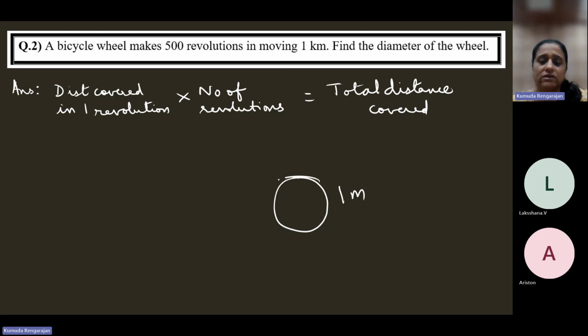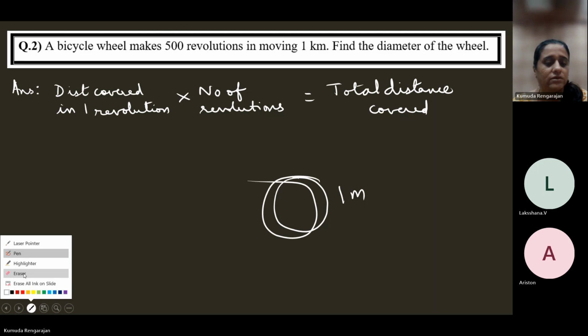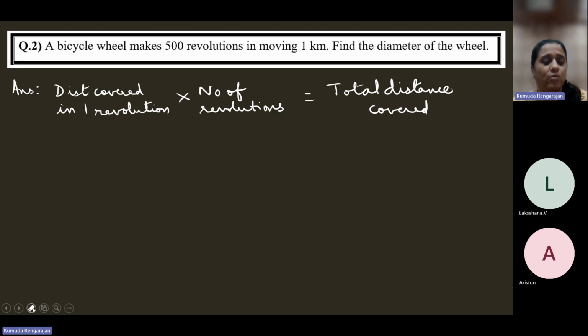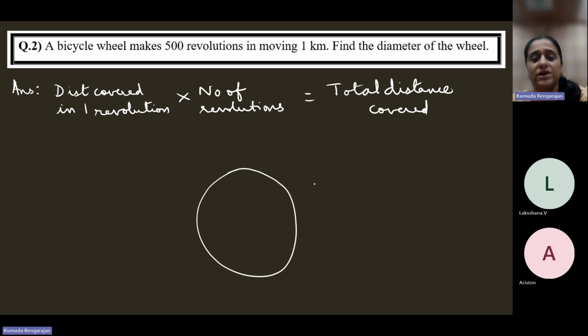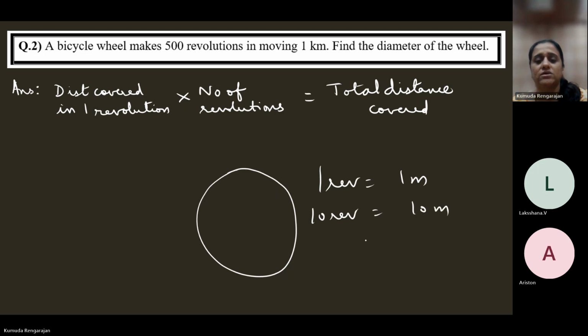So supposing some wheel, in one revolution, is able to cover 1 meter. So in 10 revolutions, it will cover 10 meters. So in 50 revolutions, it will cover 50 meters.